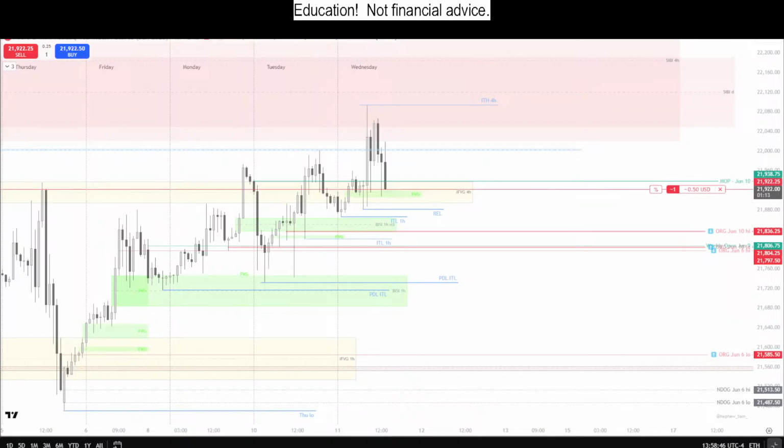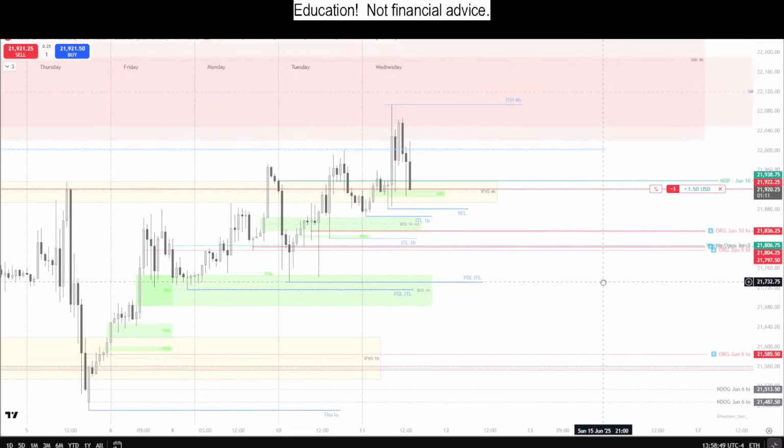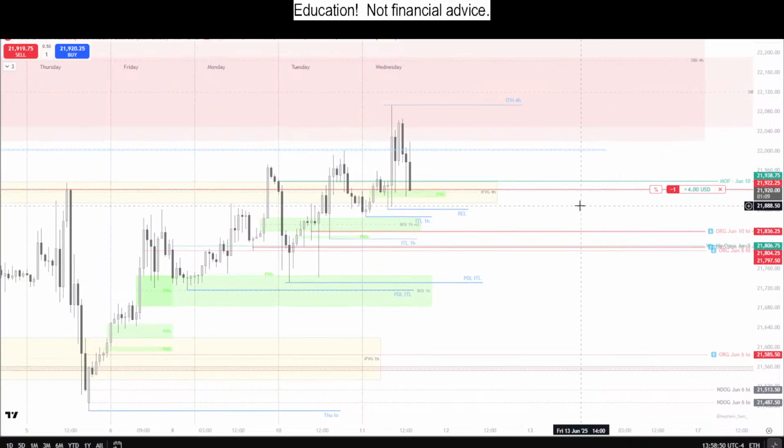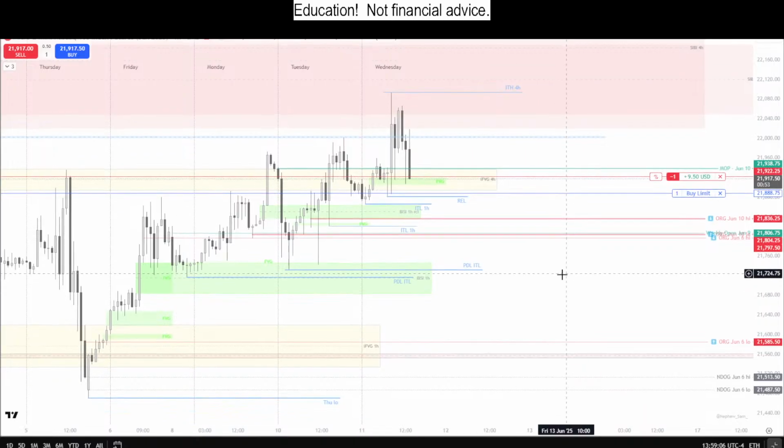Order filled. Take a small short over there. And I think my target is going to be 887.5, or around there. I don't know if we're going to go all the way there. I might get out before that.